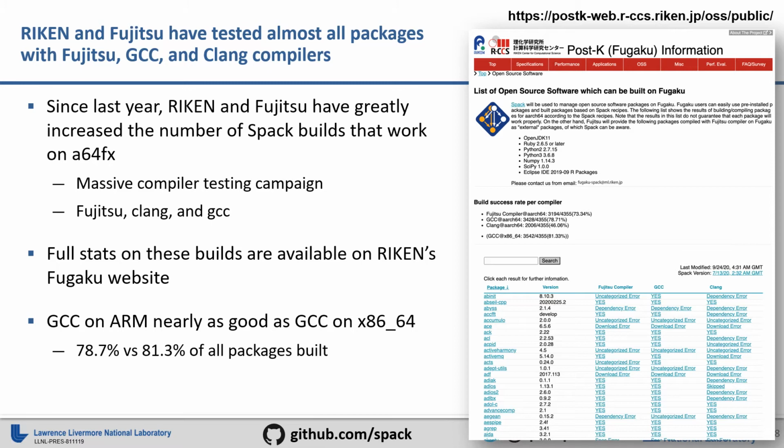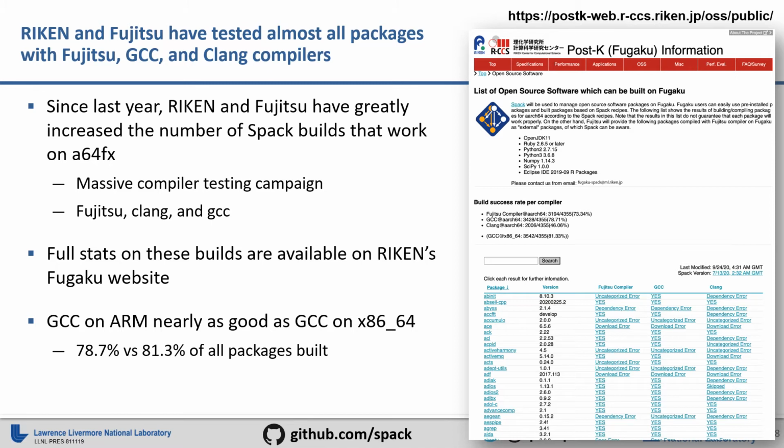So I mean, they're getting 78% of the packages building on ARM with GCC, and they get 81% on x86_64. So it's not that different. The ecosystem is about the same on ARM as it is on x86_64. And Spack made it very easy for them to do this compiler testing campaign because, like I said, they just plug in different compilers. They build it with %clang on ARM, they build it with %clang on x86_64, and so on.